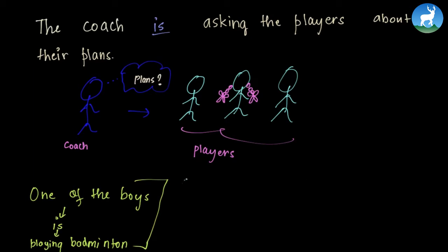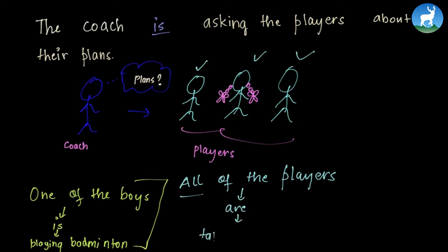Now another example is all of the players. We had seen none of the players, where none denoted three people, three players. Now, among these three players, we say all of the players. Now, all is plural, right? So, all of the players are talking to their coach.